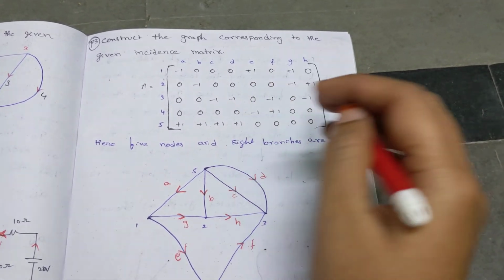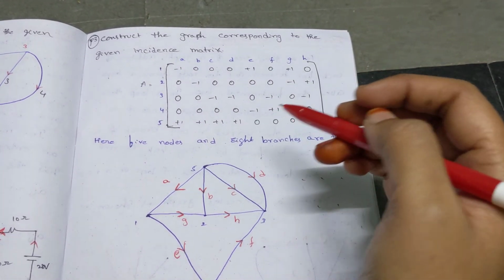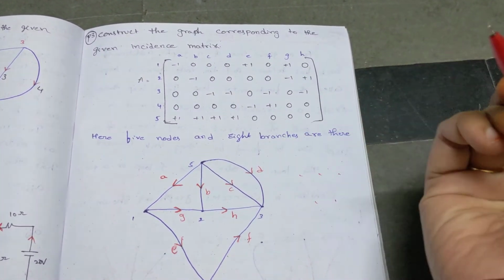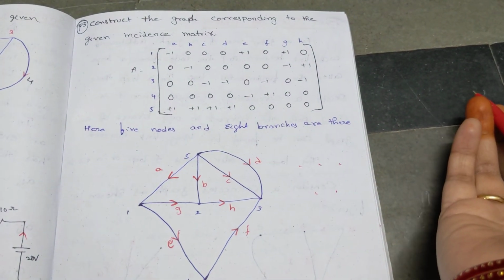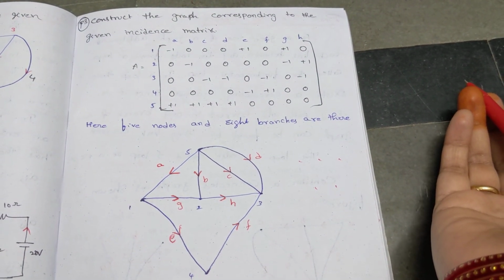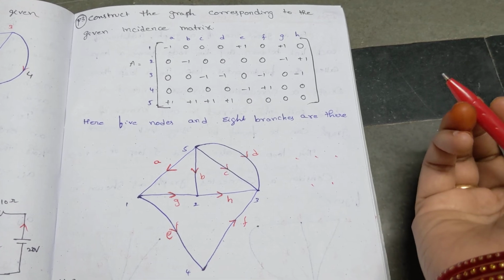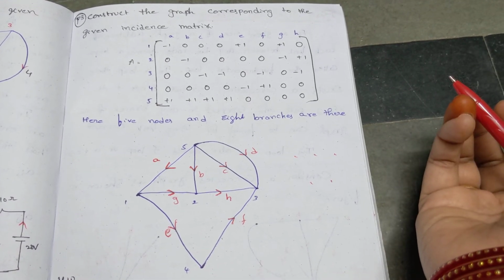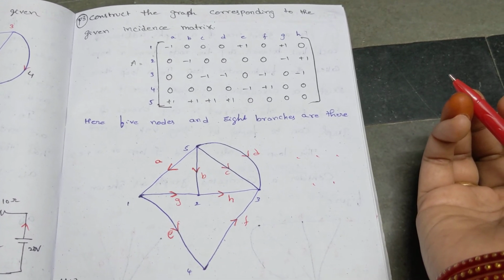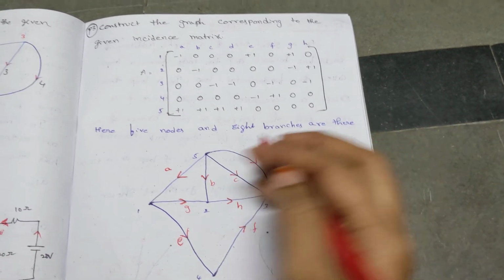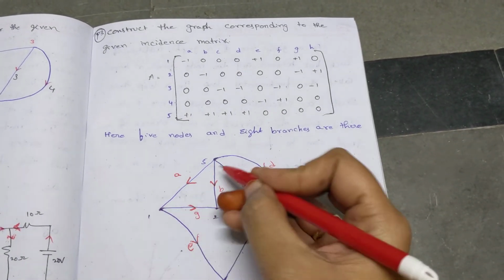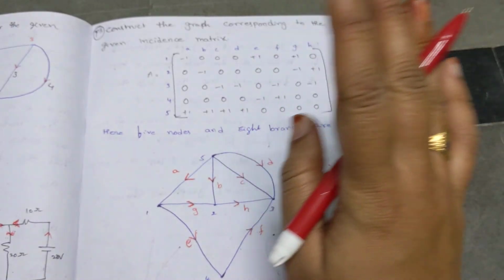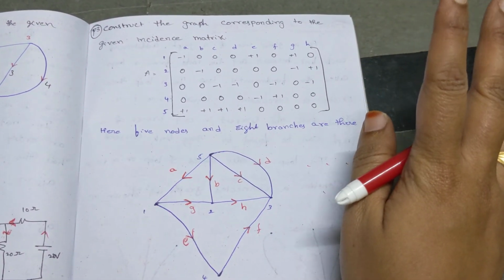Okay, so you may ask the question, how do you know whether it reaches the 5 node or the 4th node? How do you understand that? So for this node 1, A, G, E are available. That's fine.